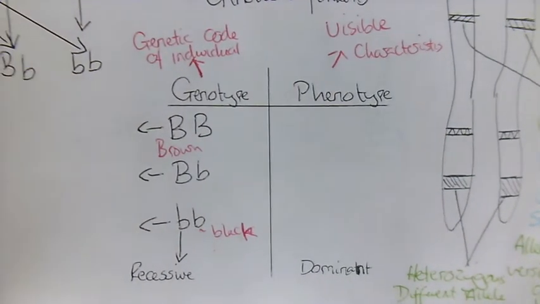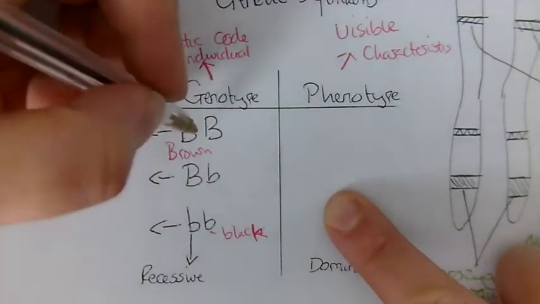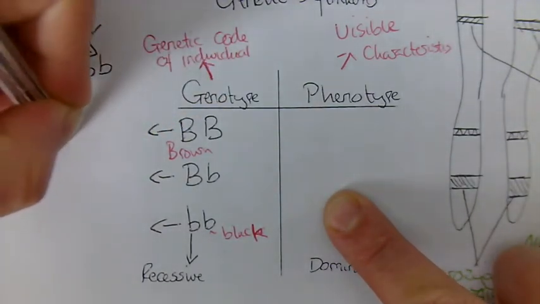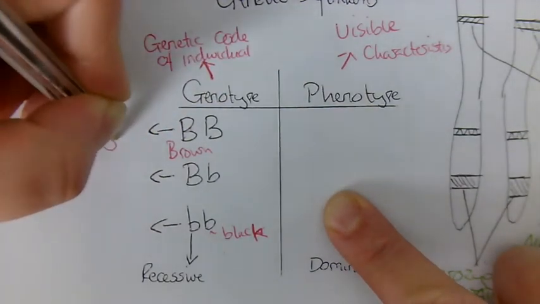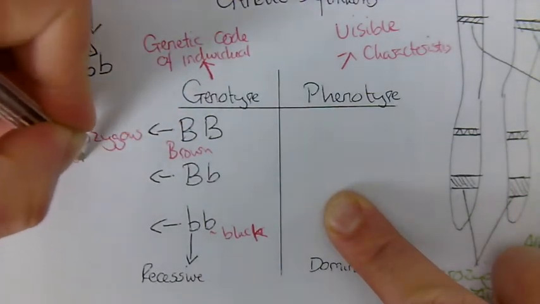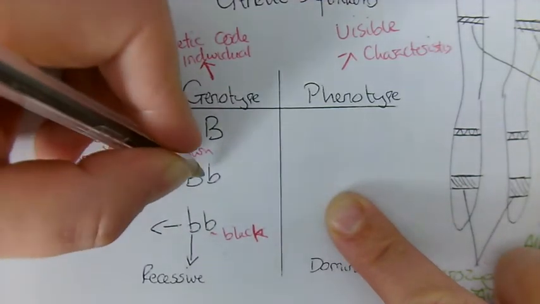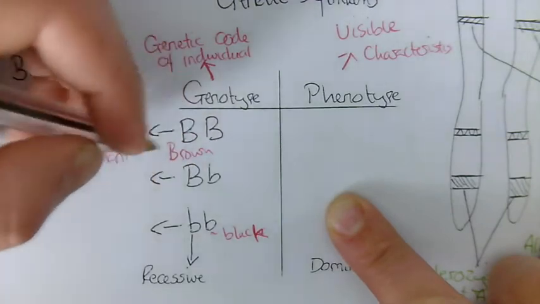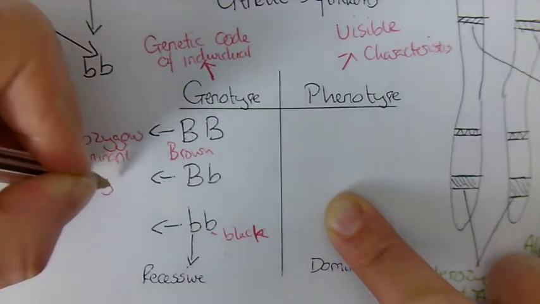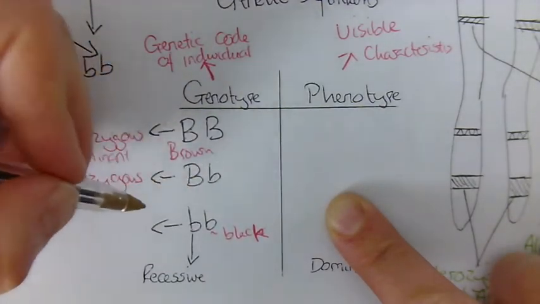So we talked about having the same allele as homozygous. So if we have big B, big B, that is known as homozygous because they are the same. A capital letter also shows us that it's dominant. Here we've got big B, little b, so that means they are different. That shows that they are heterozygous because they have one of each allele.